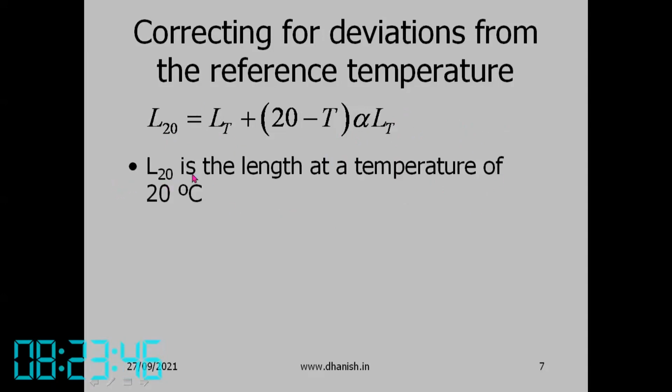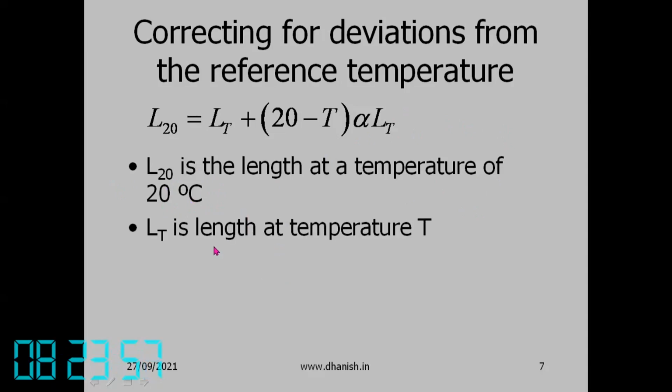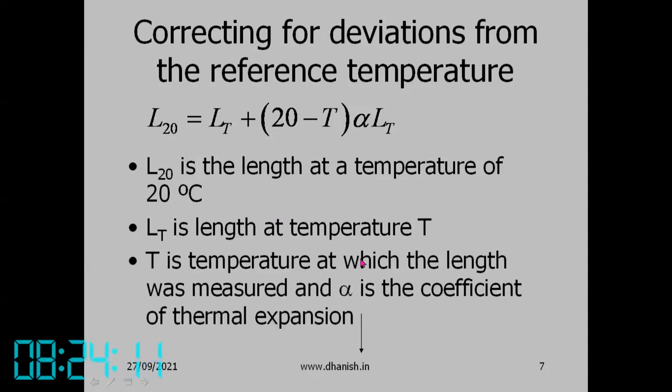L20 means the length at a temperature of 20 degrees, which is what we are defining as the correct dimension. LT is the length at temperature T, whatever the temperature T, whatever that length is.